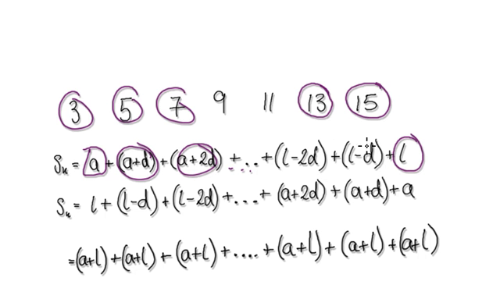The second to last term would be you getting the last term, which is the 15 here, and taking away your common difference. Remember, normally it's plus 2 each time. So the second to last term is you getting the very last term, which is L here, and then taking away the common difference.